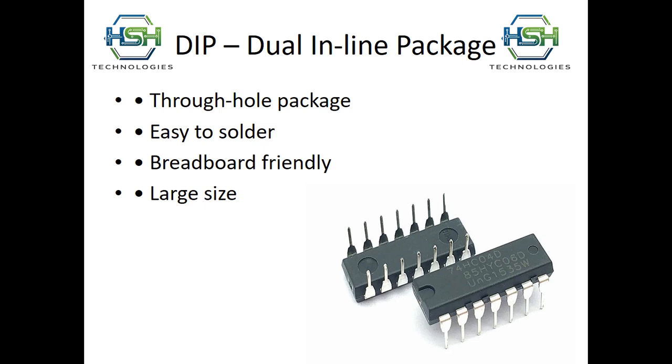Imagine a 64-pin one: 1, 2, 3, 4, 5, 6, 7, this one only has 7 on each side, meaning 14. Imagine 64, you would put it from here up to there, so it's so big. And another thing is that DIP is not suitable for compact products. Imagine you make a wearable device using DIP, it's so hard because it is so big.